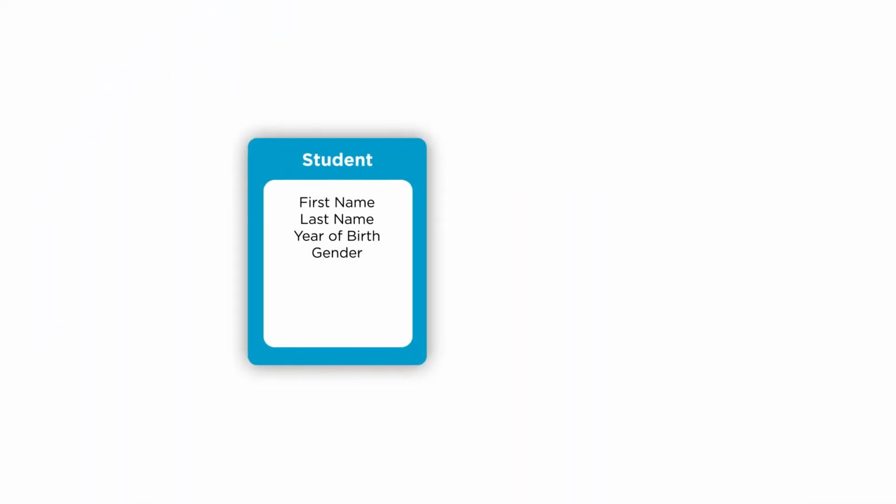Once we have an entity and its attributes, the entity describes the structure of all the instances of the data that we have in the database. So for example, let's say that we have the entity student. For each student instance, we'll then record the first name, last name, year of birth, and gender for the student.